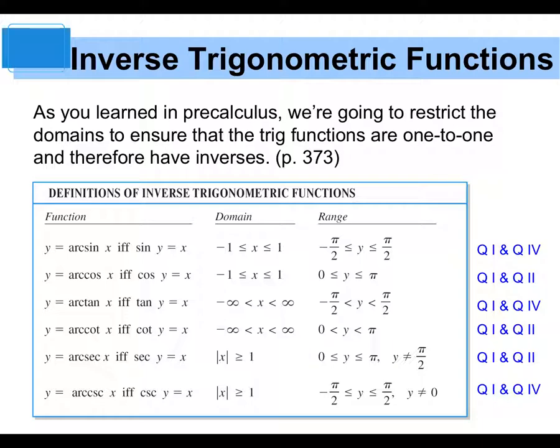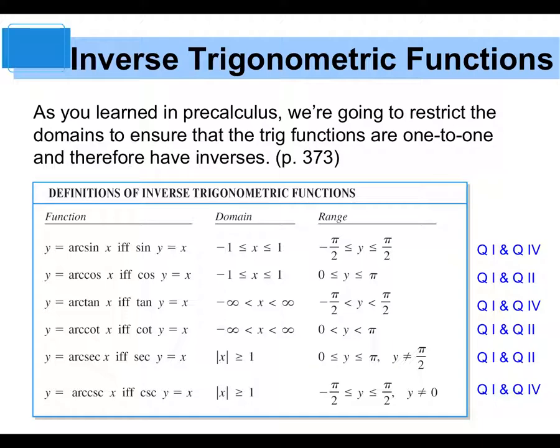Because the sine function, cosine function, all 6 of the trig functions aren't 1-to-1, meaning they don't have inverse functions, we restrict the domain that guarantees that they're going to have inverse functions. You're going to need to know those quadrants, and there's a couple of things that you can do to help remember that. Number one is that every function is in quadrant one. Notice we got quadrant one running down the front of all of those.